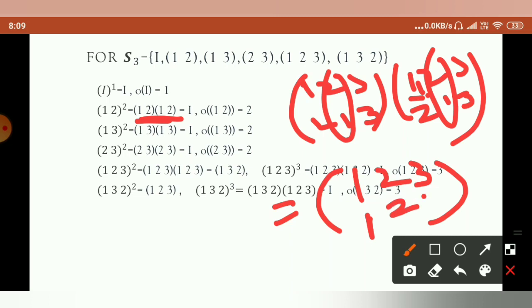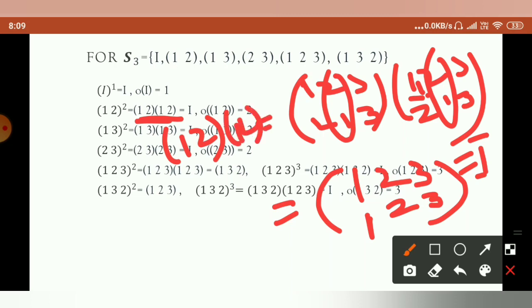The image of 3 is 3 in both, so it is 1 2 3. The images are 1 2 3 respectively, that means each element is its own image, so it is the identity permutation. So when (1 2) is multiplied with (1 2) we get identity, that means (1 2) squared is the identity permutation, meaning the order of (1 2) is 2, right?